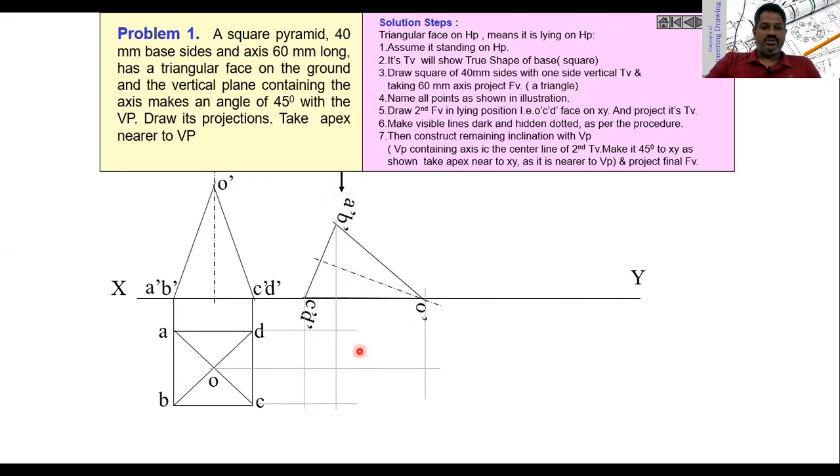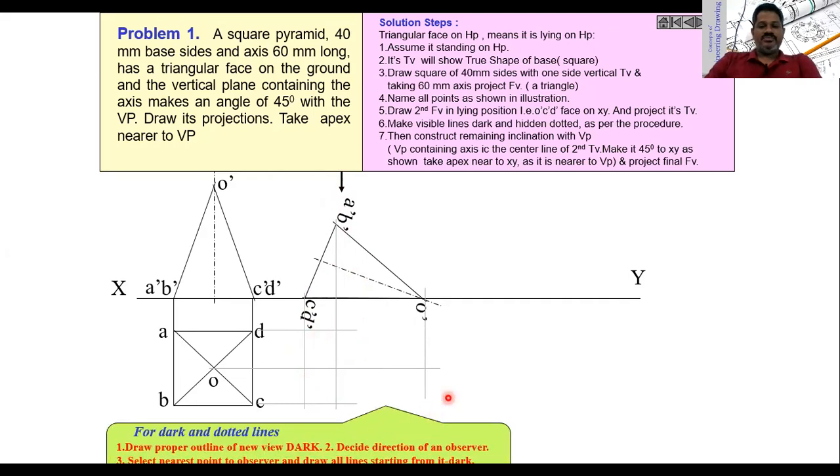Now project this point as O, then join all the obtained points, and finally join O, that means it is the apex when you see from the top. Then D1 and O1 is a dotted line here because this is hidden.